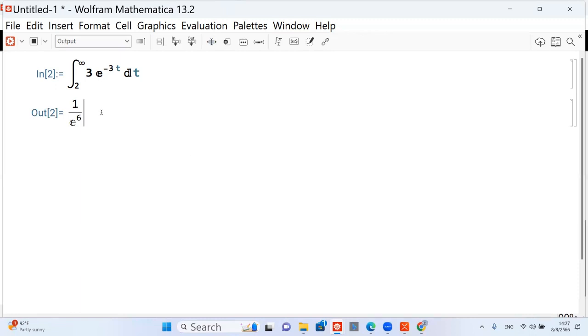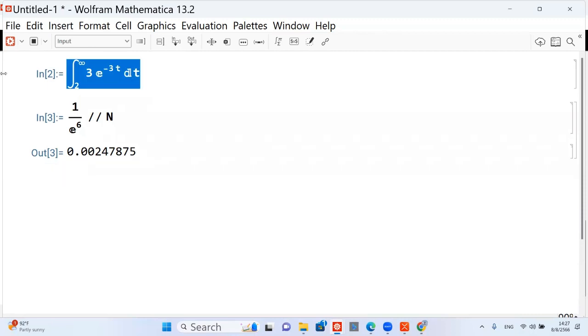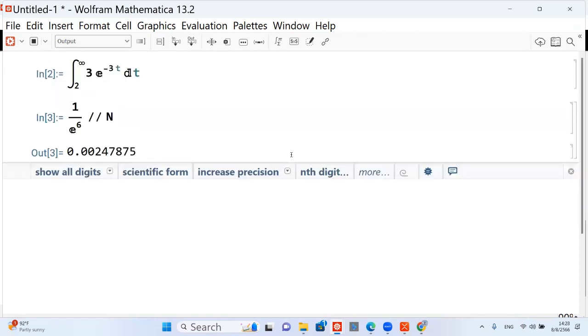Well, if I want a number for it, it's 0.02 years or something. So if this were a model of a machine, provided it lives beyond 2 years, it's going to live another 0.02 years or something like that. Doesn't matter. The point is, this is very powerful. This is symbolic. This is powerful.